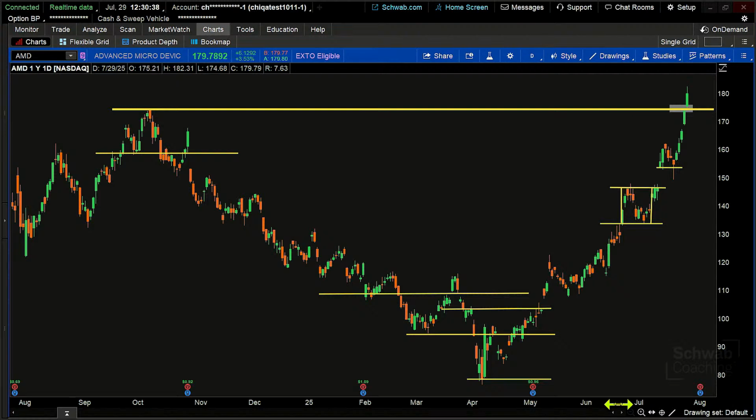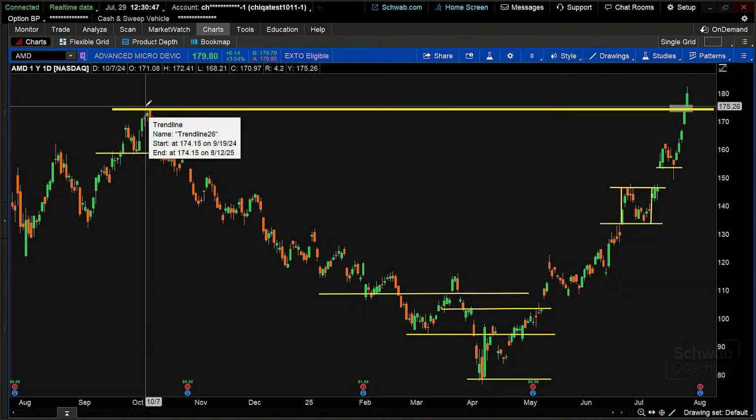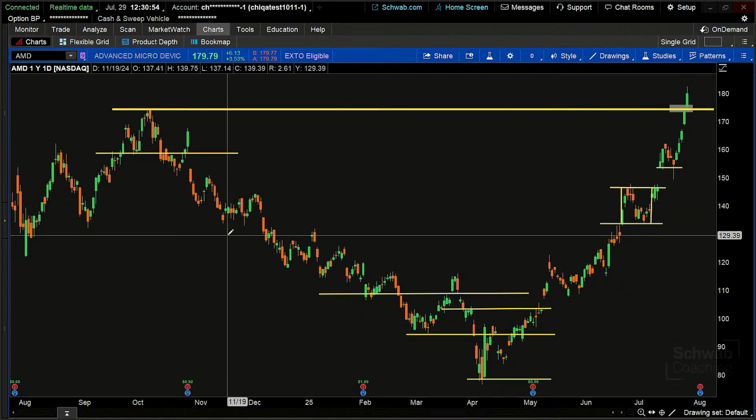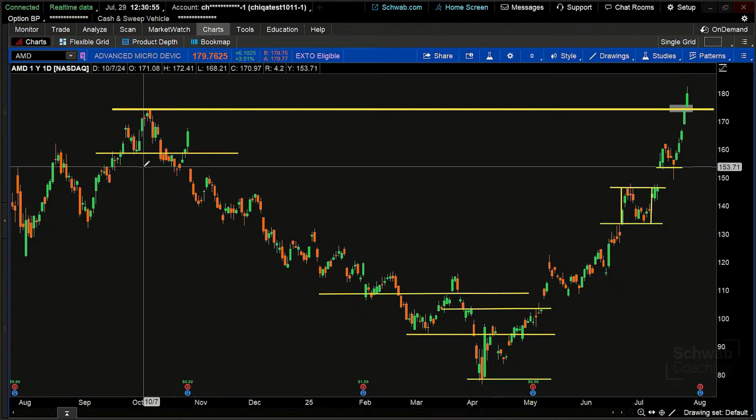Number one, as we think about this, one thing to consider is that previous levels of support and resistance oftentimes can influence where we see levels of support and resistance existing in the future, or potentially in the future.